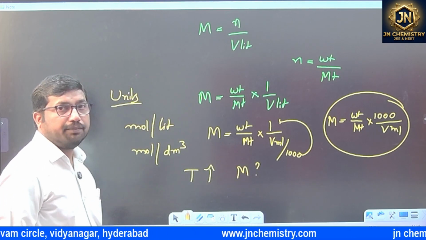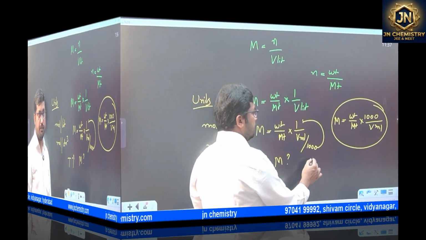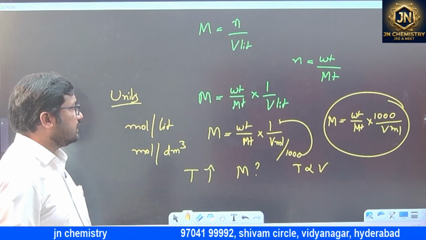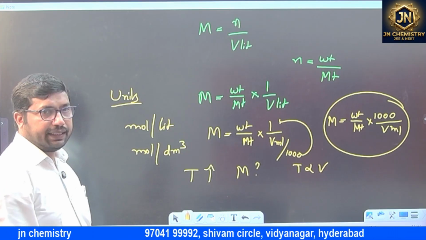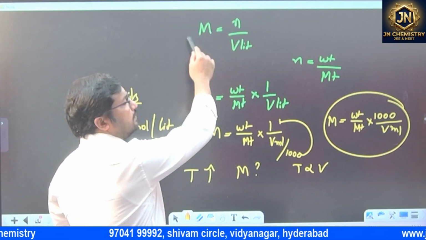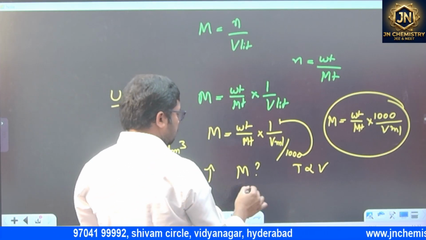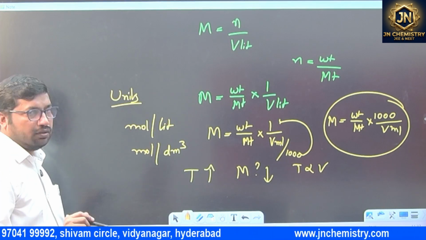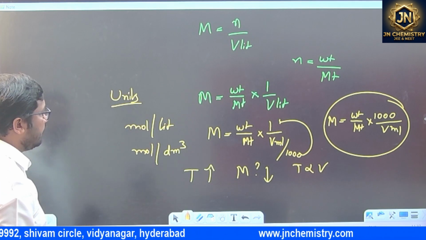Temperature is directly proportional to volume. Temperature increases, volume increases. If the volume increases, molarity decreases because molarity is inversely proportional to volume. So molarity depends on temperature. Write it down: molarity depends on temperature.